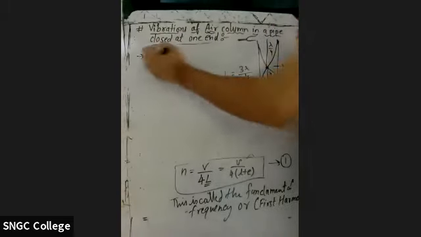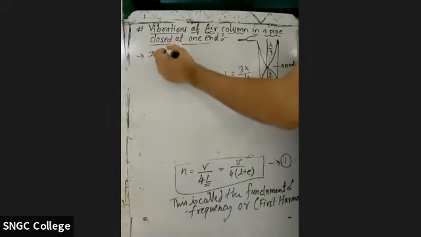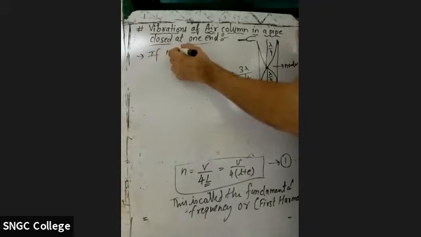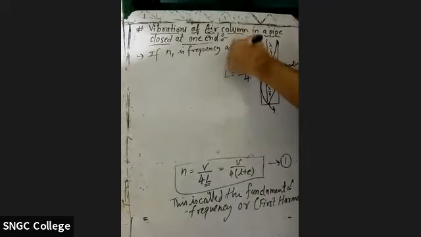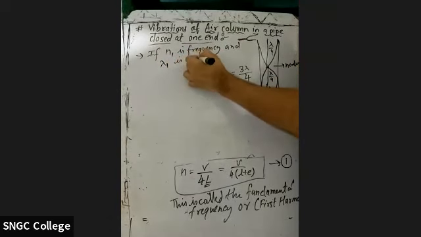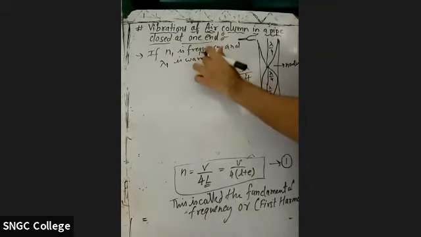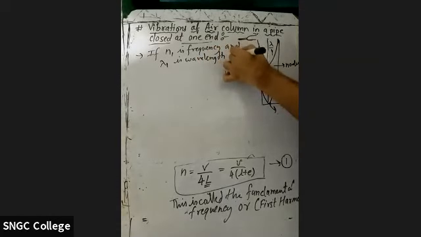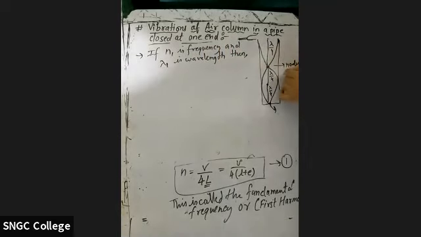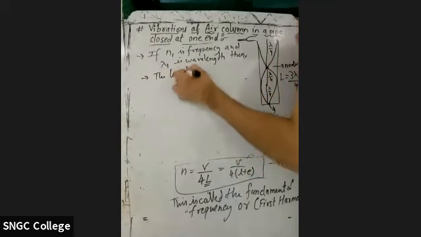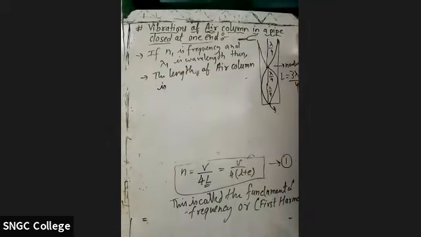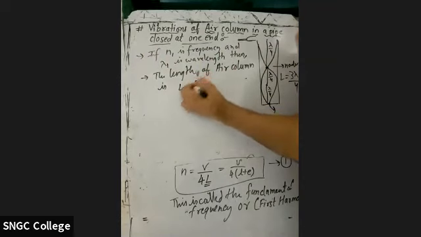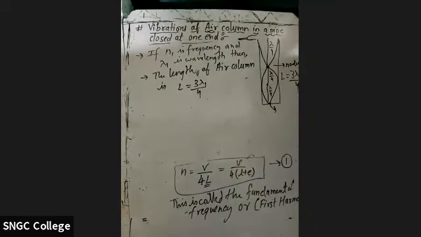So let's write, if the frequency of this tuning fork is n1 and lambda 1 is the wavelength, then the length of air column L equal to 3 lambda by 4, 3 lambda 1 by 4, because we have selected wavelength as lambda 1.